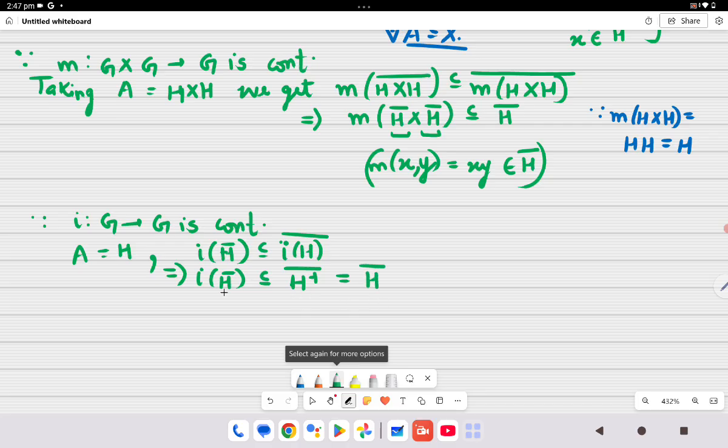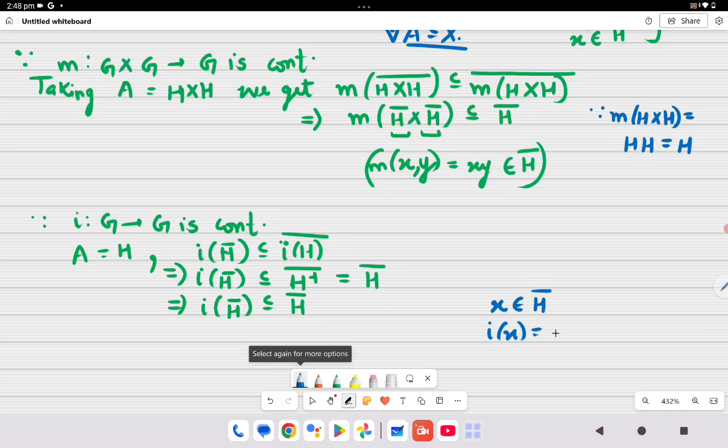So it is equal to H closure. यानी कि हमें क्या मिला कि I of H closure is contained in H closure, and this suffices to show that if I take any element X in H closure, then I of X, which is X inverse, also belong to H closure, right?